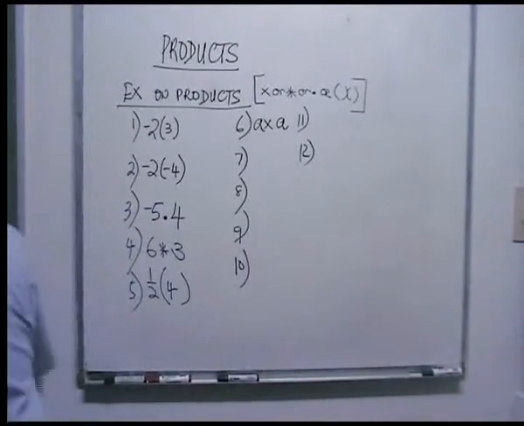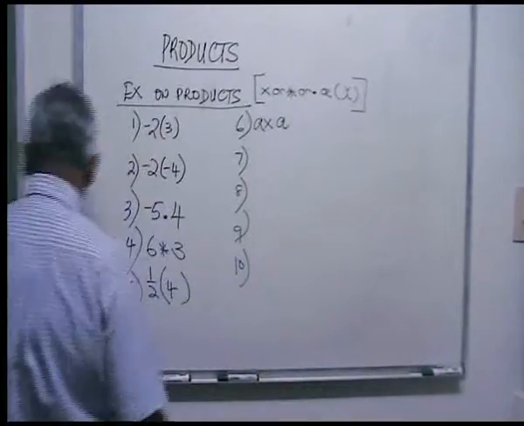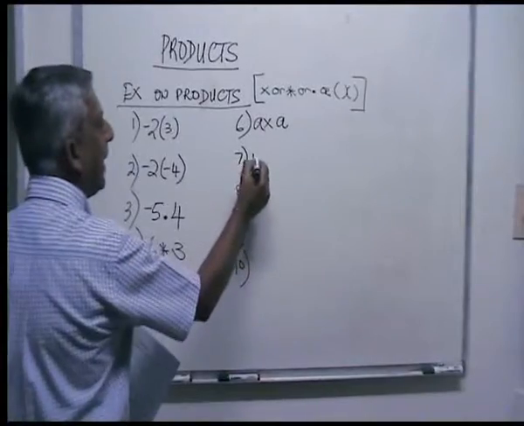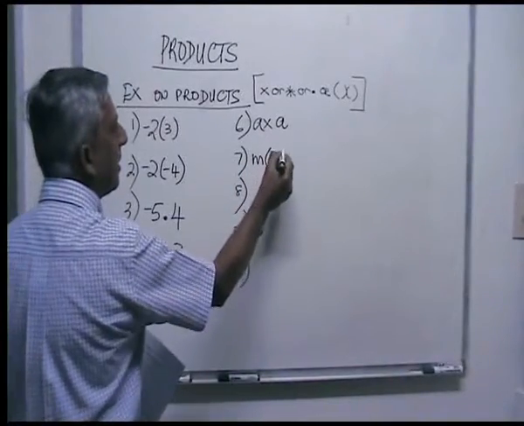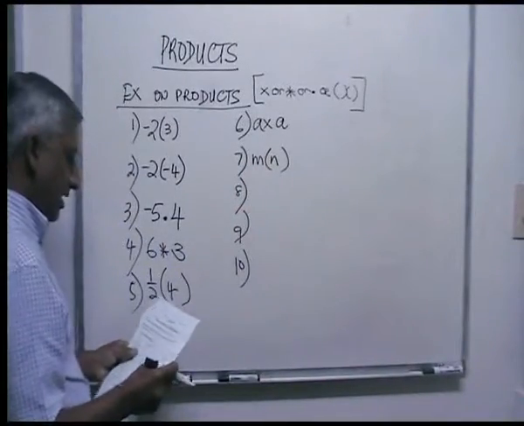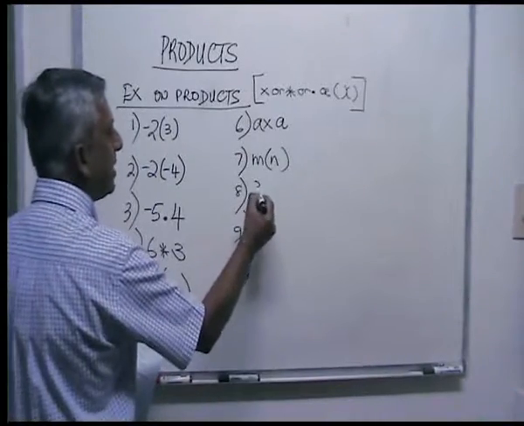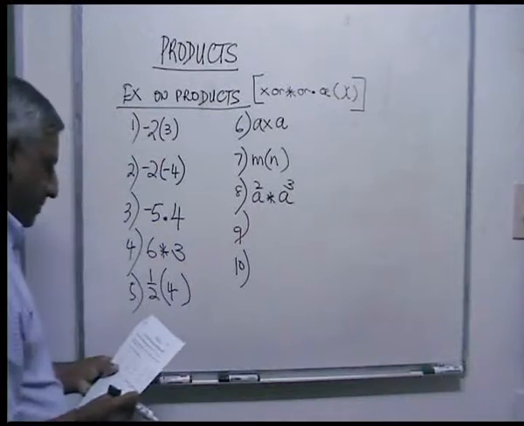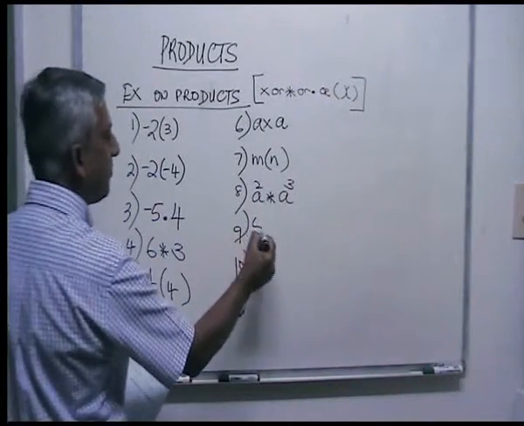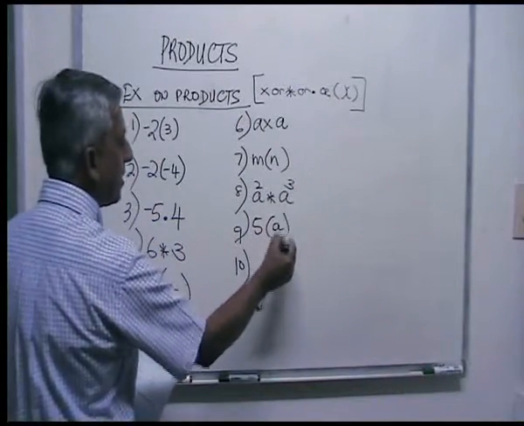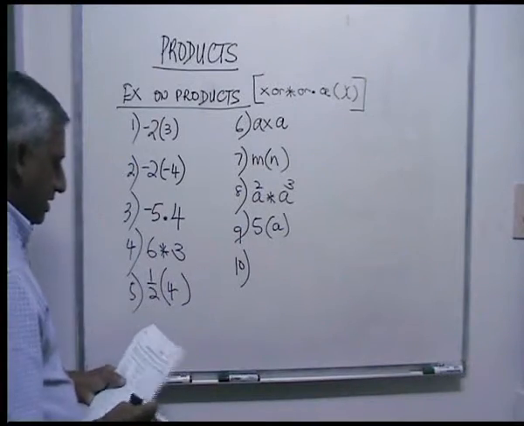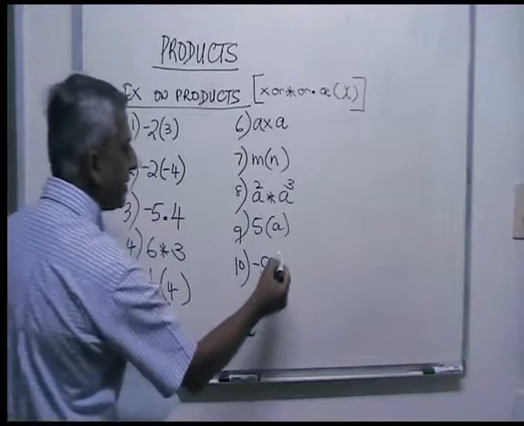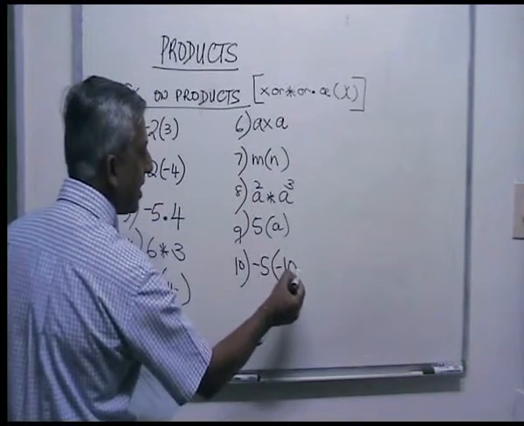Now let me just remove these from here. Then number 7, M times N. Number 8, A squared times A cubed. Number 9, 5 times A. Number 10, minus 5 times minus 10A.